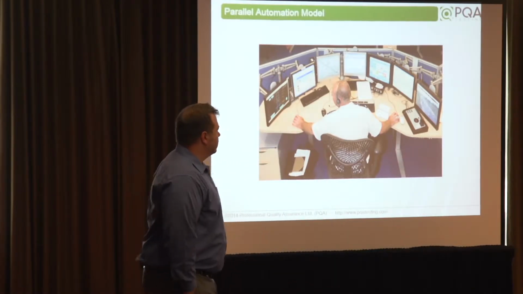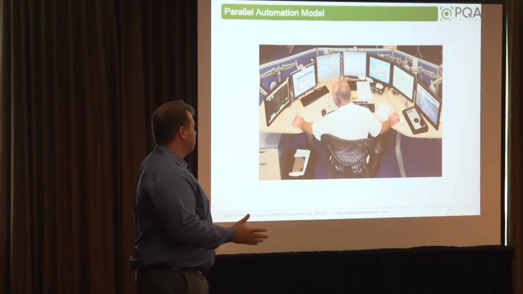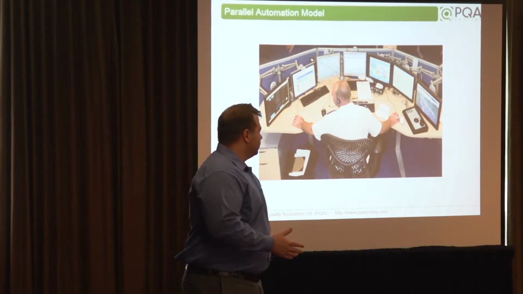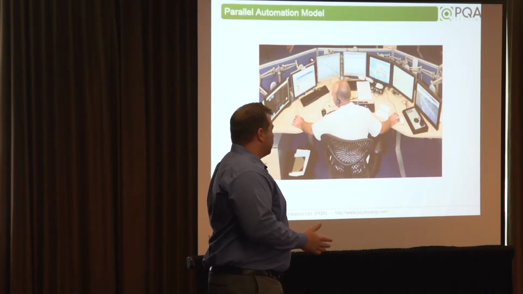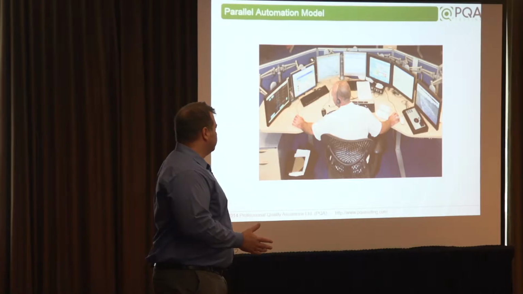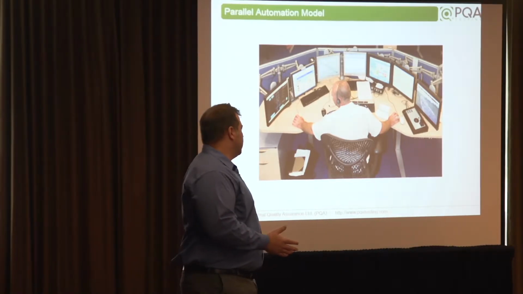So first, I want to start by talking about two different automation models. The first one is called the parallel automation model. I struggled to find a picture that depicted what I considered the parallel automation model, but I found this one pretty amusing, and I think it is relevant to that topic.